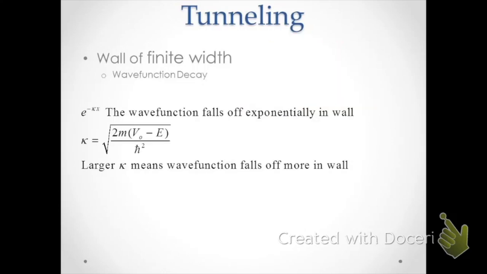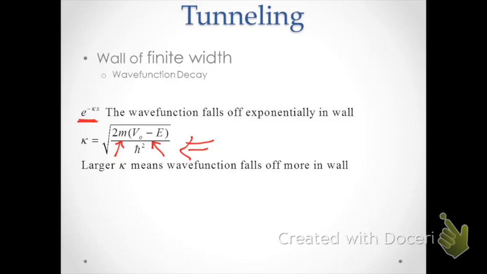The appropriate equation for this exponential falloff through the walls is indicated by this exponential function here, where the kappa in the exponential term, you'll notice, depends on the mass of the particle and the difference between the total energy and the potential energy inside the wall.